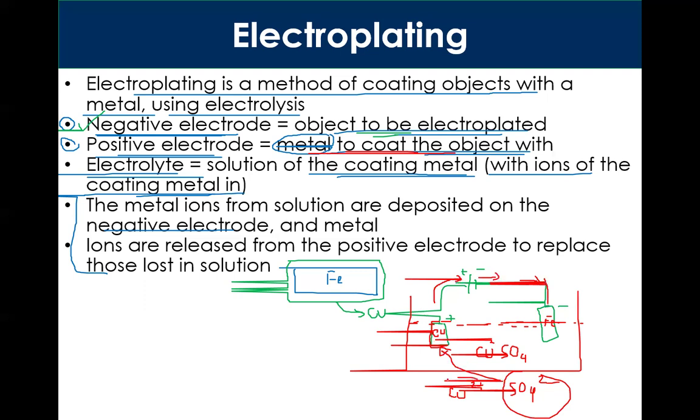Now what happens to the copper in the solution? This is not the copper electrode's copper, but the copper in the solution. It will get discharged here. Copper is positively charged, so it will be attracted to the negative electrode.